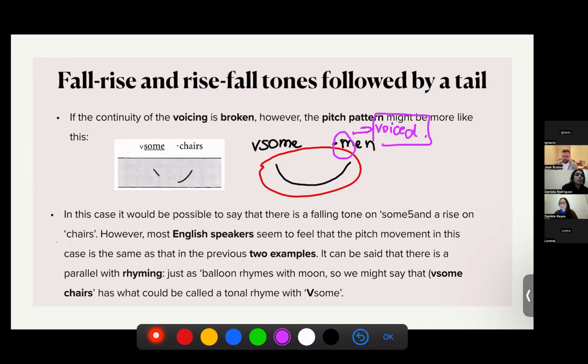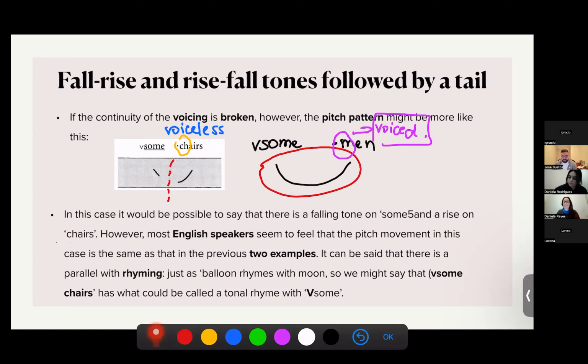However, on the other hand, we have this example, and that sound is voiceless. So when there's a voiceless consonant, it means that the pitch pattern is going to be different.